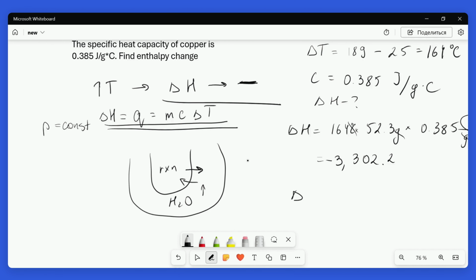And there is a rule. If delta H of the reaction is negative, then delta H of the water will be positive. Therefore, it's going to be 3,302.2. That's all. And of course, don't forget the units. Joule, joule, joule.